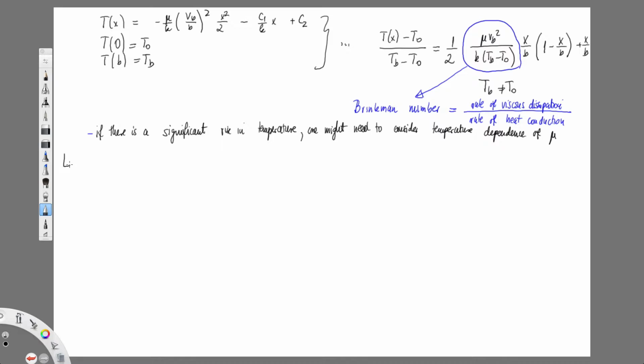And we will continue with the next example, which is actually in BSL Chapter 10.5. This is going to be an example where I have heat conduction with a chemical heat source.